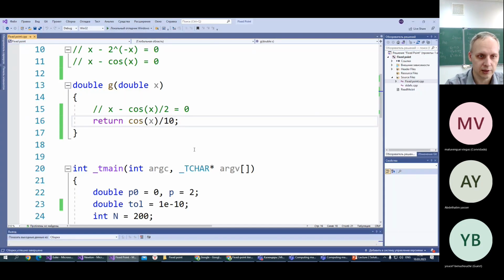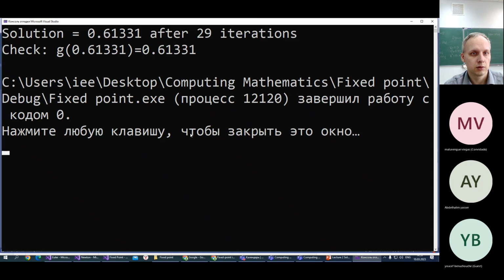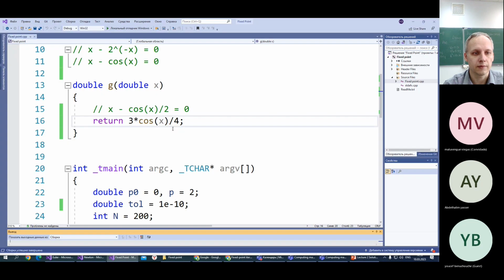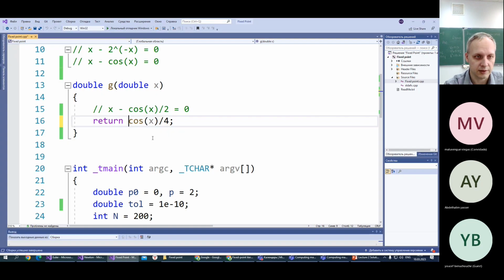Very fast convergence. But if we take, for example, just 3 over 4, which is smaller than 1 but larger than 1 over 2, we get 29 iterations. Convergence becomes rather slow.